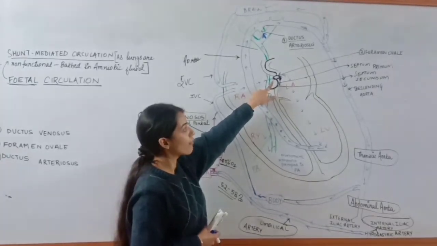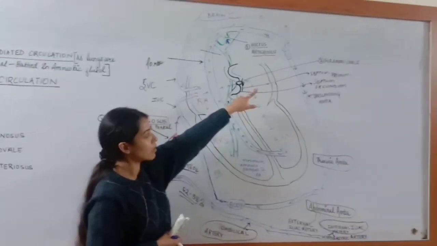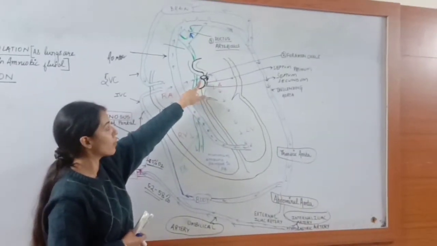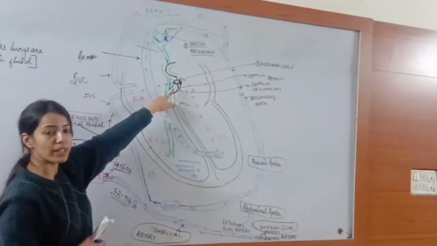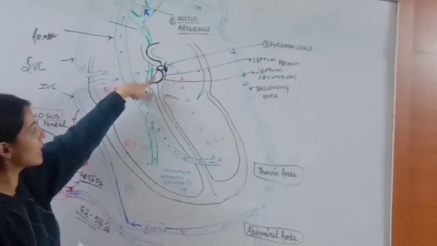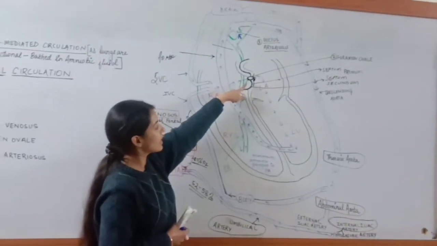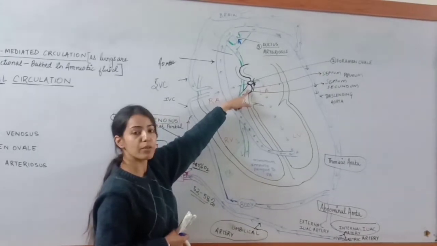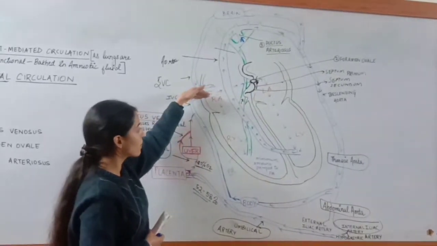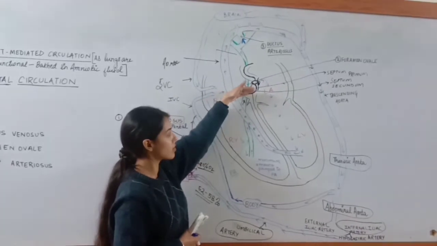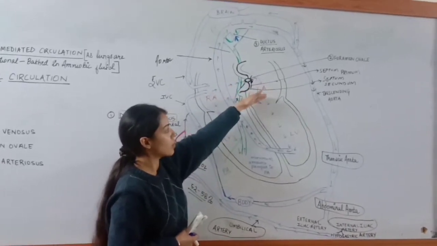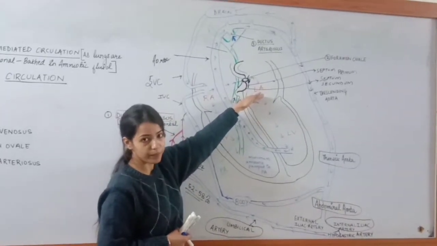This is called foramen ovale. You can see the labeling 2 over there. This is an opening which is present in the interatrial septum. Through this, the blood is going to cross and come into the left auricle, right?